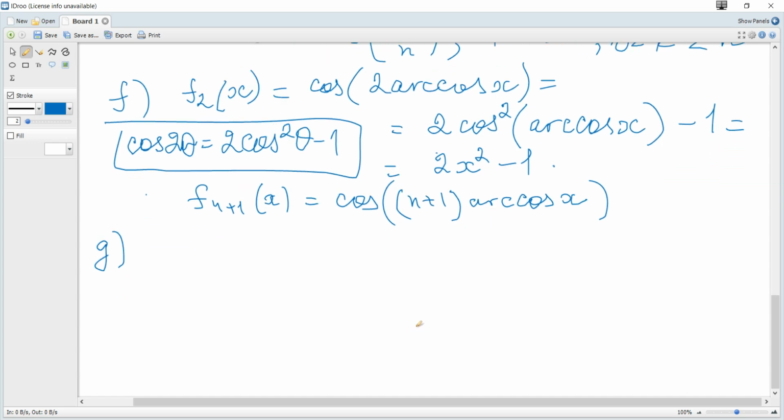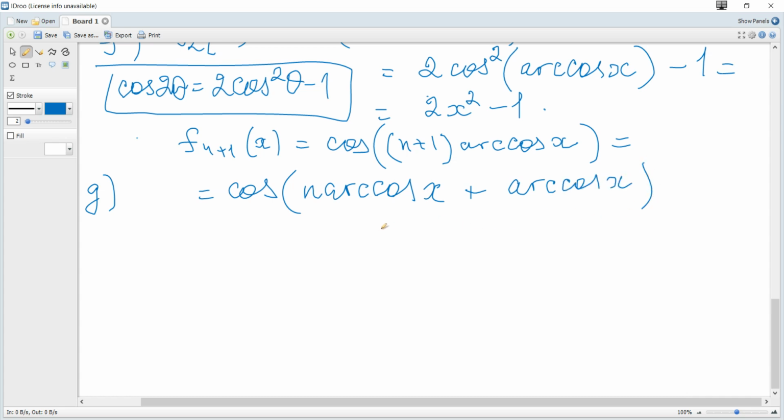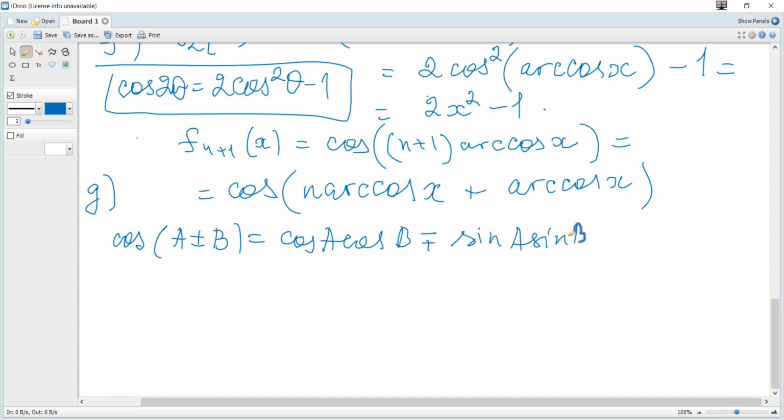It looks like the cosine of a sum, and hence we can rewrite it as cosine of n arccos x plus arccos x, and consider it as a cosine of a sum. Using the formula from the data booklet, cosine of a plus or minus b is cosine a cosine b minus or plus sine a sine b.